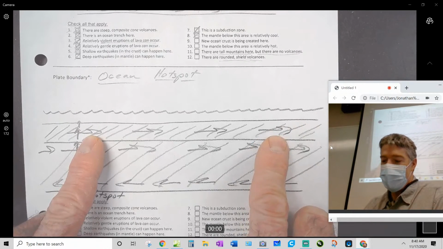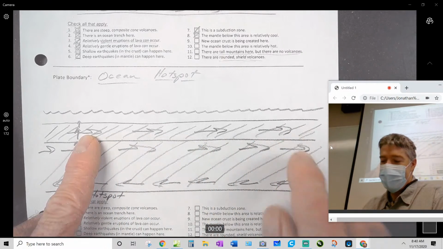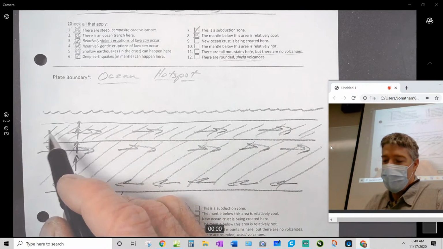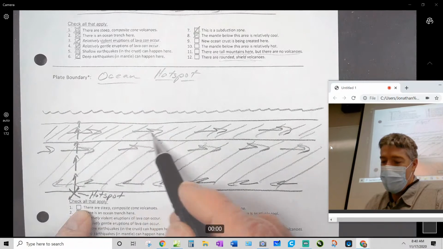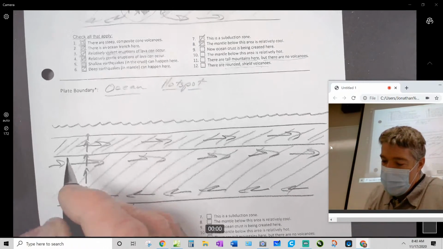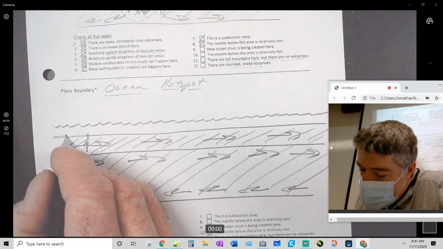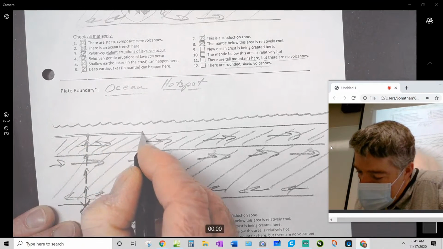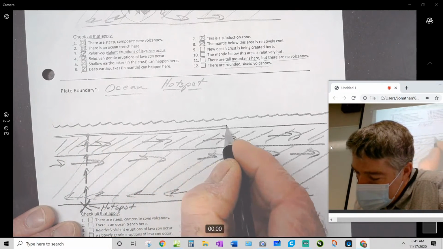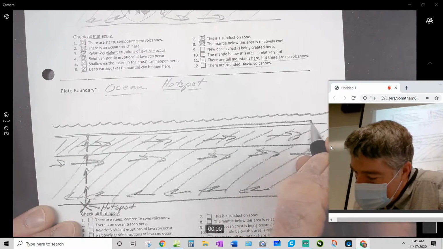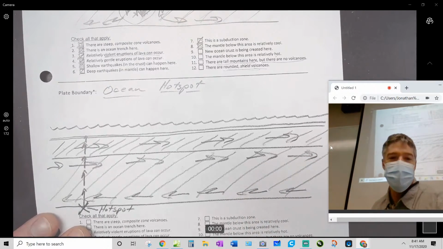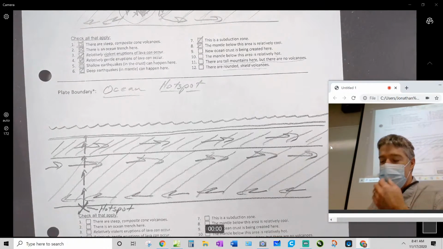Right side, because the crust is moving to the right, and crust always moves from where it's created to where it's getting older. So it would be good if I made my sediment thin here and then a little thicker over this direction. I don't really care how you do it, as long as you put some sediment in there, because there's going to be sediment sitting on the bottom of the ocean floor.